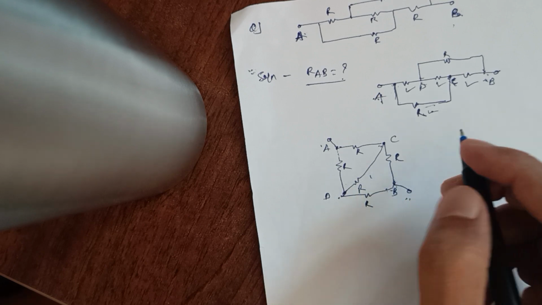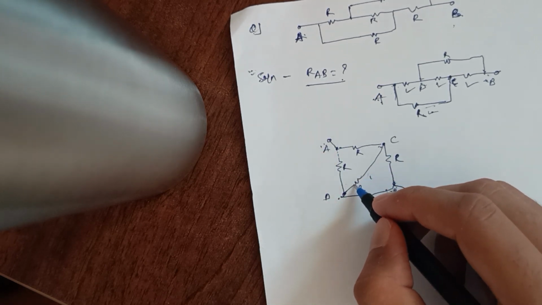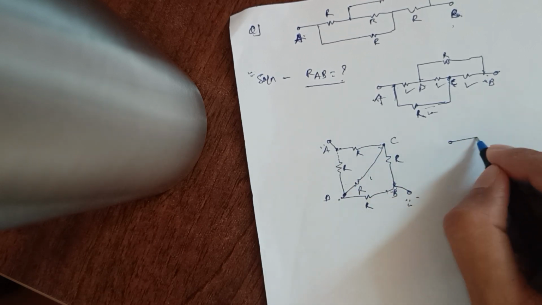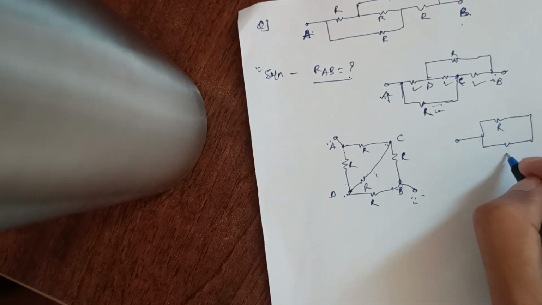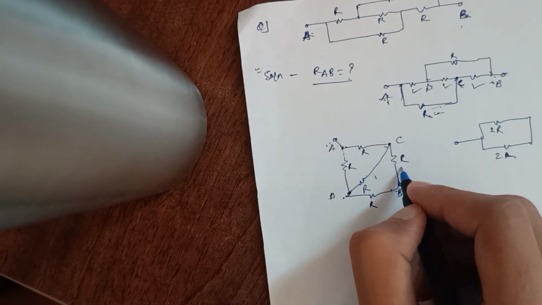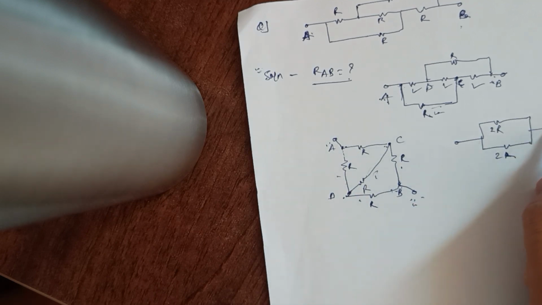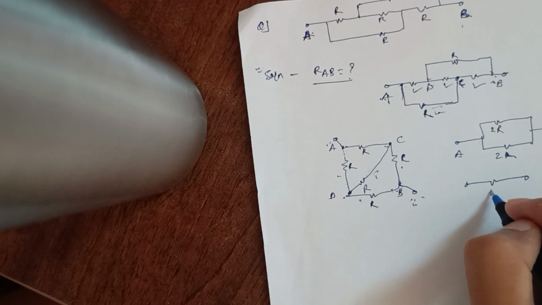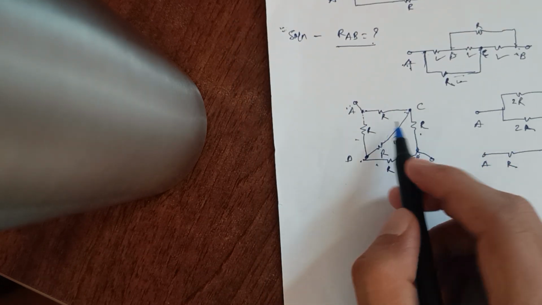So we can forget about this resistance, and we can simplify it like this. Because this R is in series, this also R in series, because we open circuit it, and B. So the equivalent resistance is R. So what is the concept of the Wheatstone bridge now?